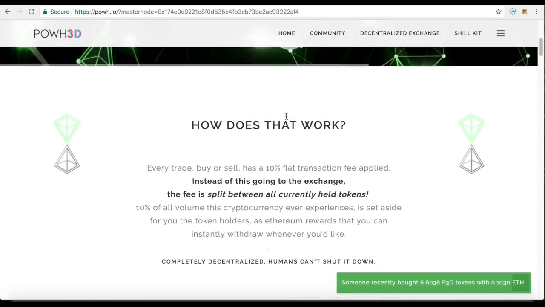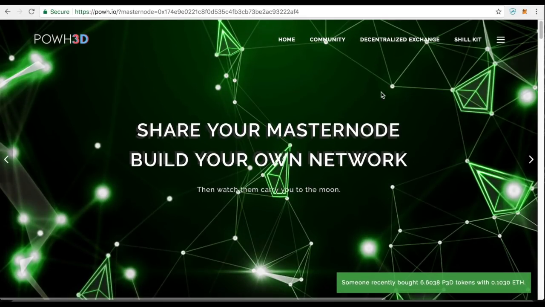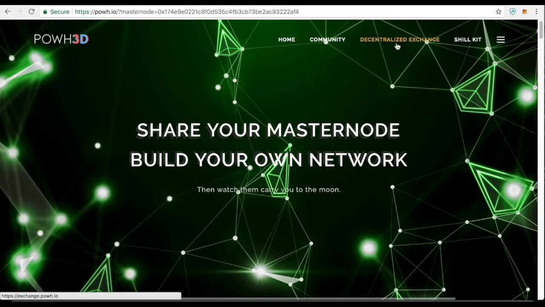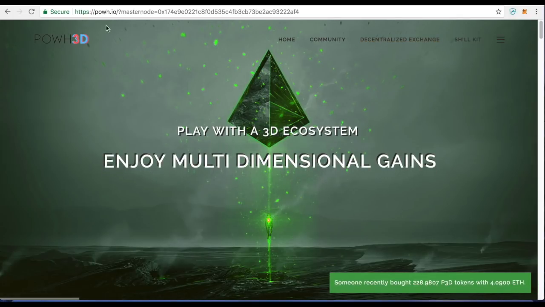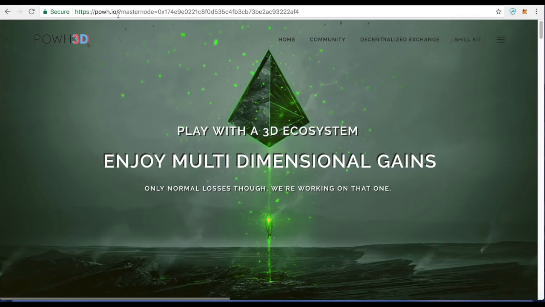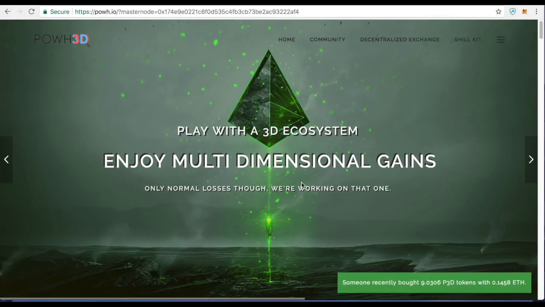So without further ado, I'd like to just go into, you want to click on decentralized exchange. Okay, so two things that you want to really understand is when you go into the proofofweakhands.io, you want to make sure that the URL up above is exactly where you want to go, because there'll be more. There'll be more, folks.